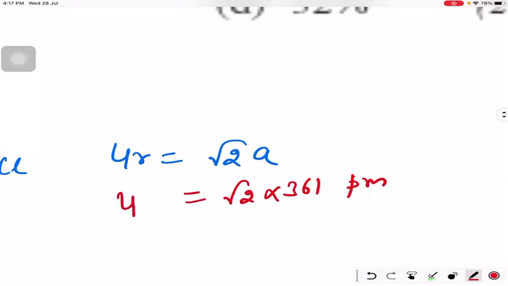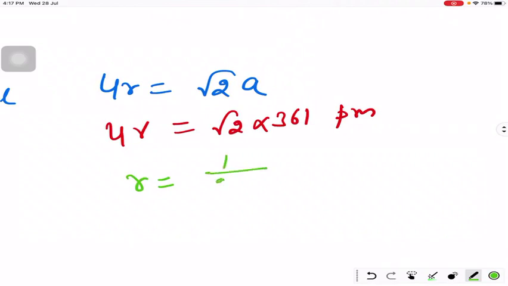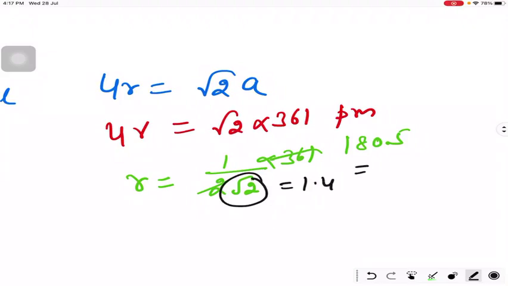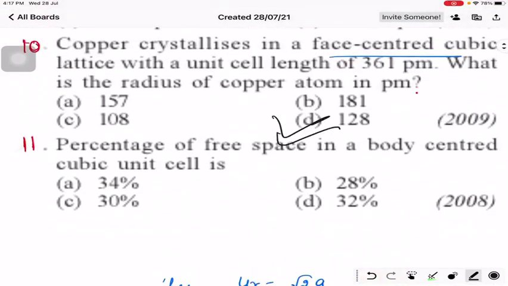It is 4r. So upon solving, you will get value of radius. It is 1 by 2 root 2, 361, 180.5, and then value of root 2 is 1.4. So upon solving, you will be getting 128.